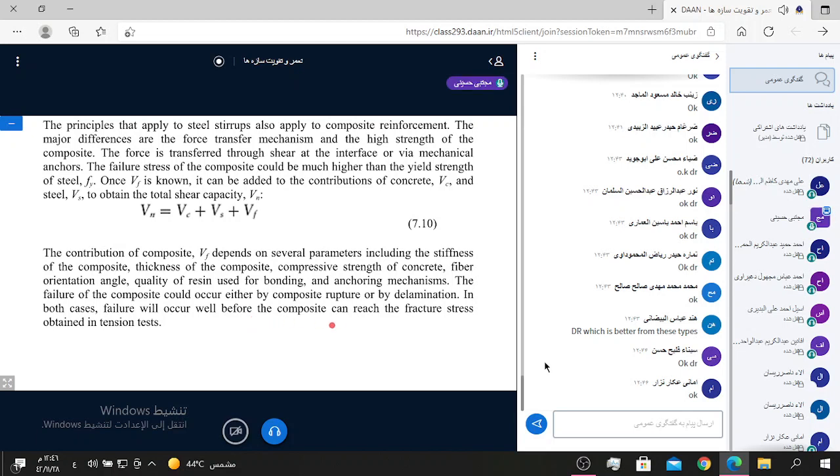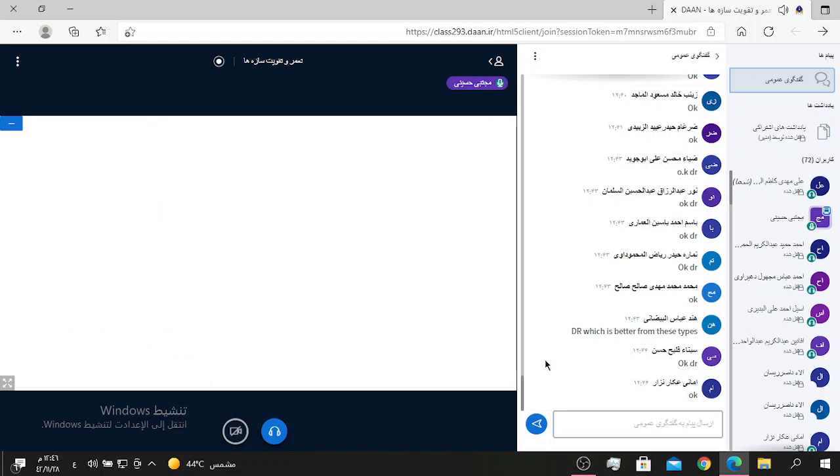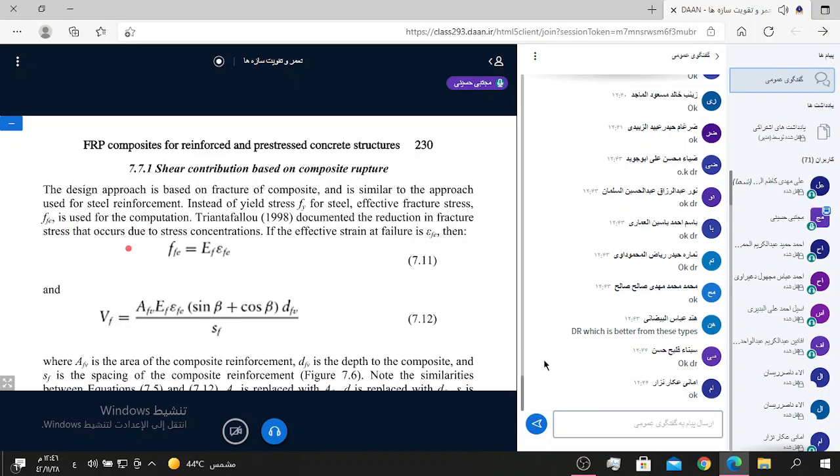The composite can reach the fracture stress obtained in tension tests. This is very important. Okay.